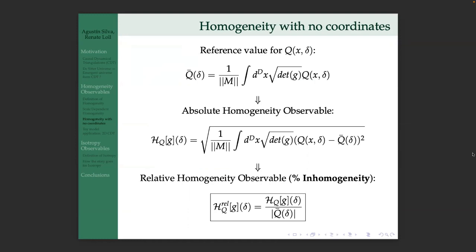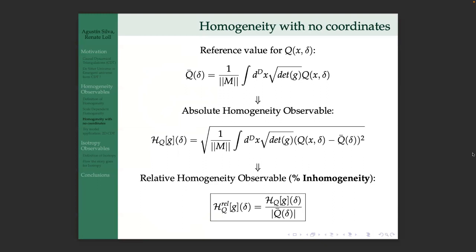How do we measure if space-time is homogeneous? What we do, without using translation, is look at the standard deviation of this property all across the manifold. So this standard deviation of the coarse-grained property Q at a scale delta is just the square root of the integral of the deviation of this coarse-grained property minus its average all over the manifold.